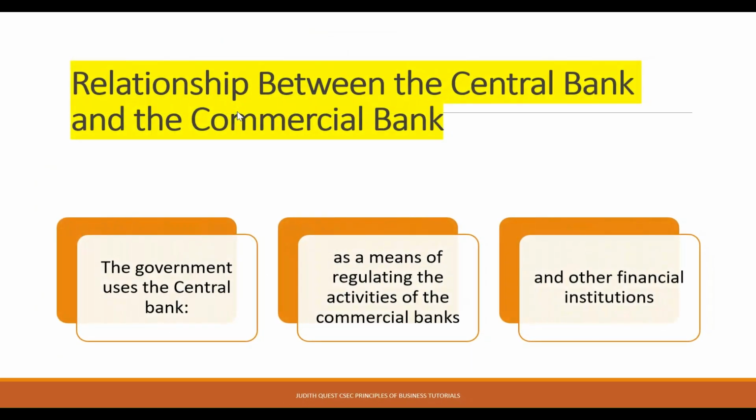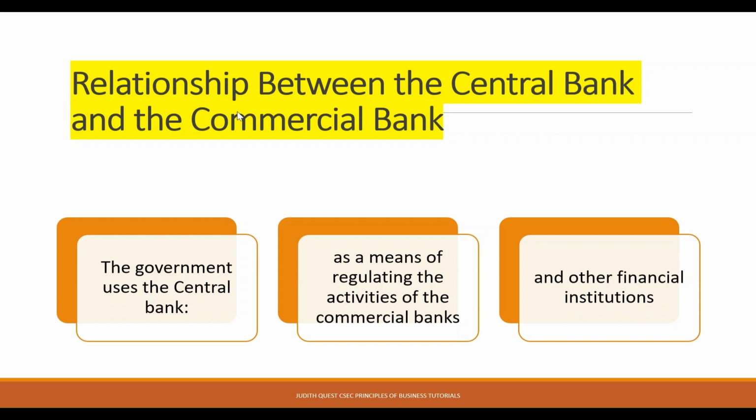Now, what is the relationship with the central bank? The central bank, of course, we remember, is the bank of the country, right? So it's like the parent, and the commercial banks would be like the children, because we have a number of commercial banks in our country.